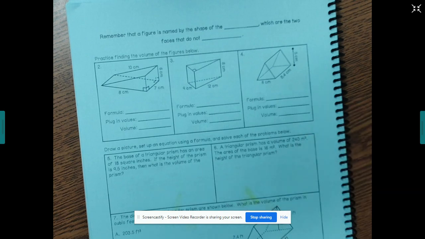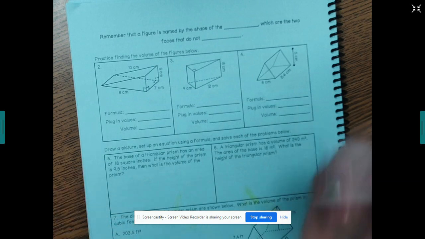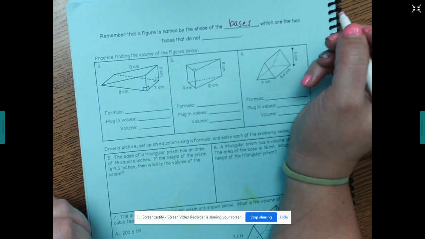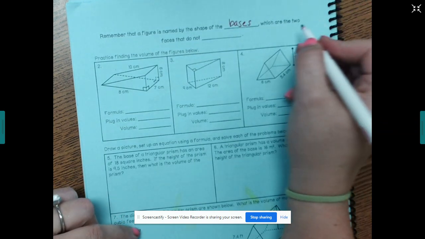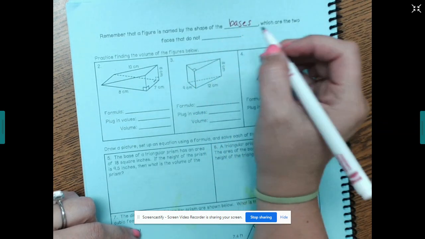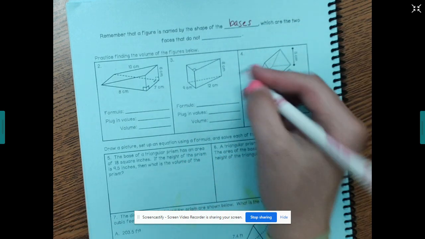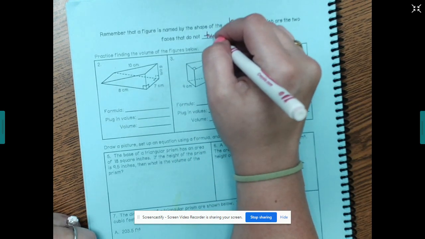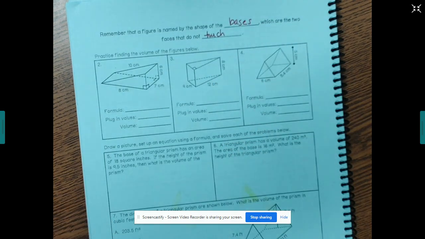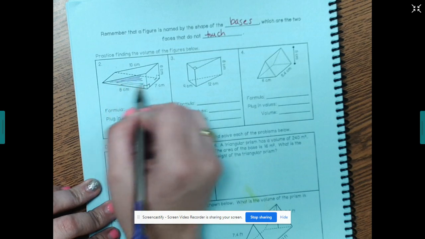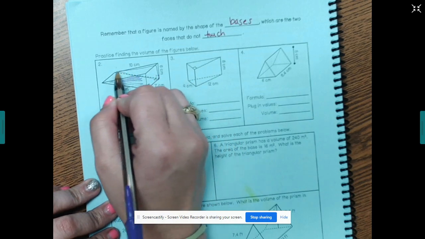Just a quick reminder that the base of the shape is what names it. Okay? It's named by the shape of the base, so that's going to tell you if it's a rectangle or a triangle. Okay? Faces that do not touch. Okay. So, again, this one, that's one base, and that's a base.